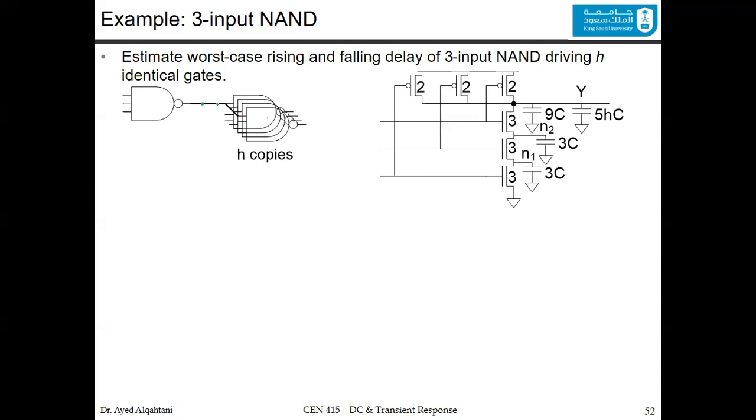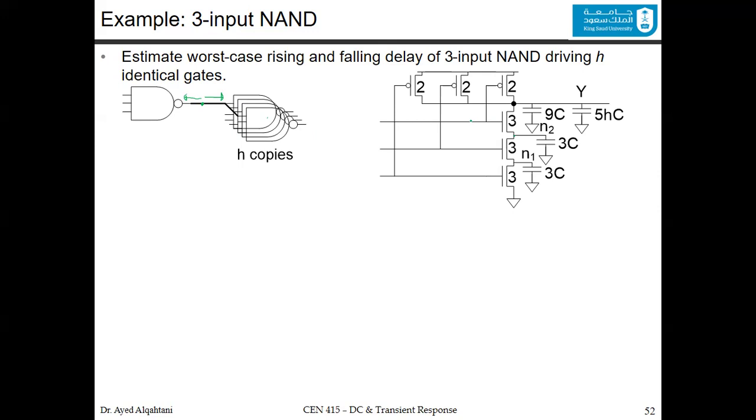And because of this, you would have in this node 9C that you are looking in this direction as the output capacitance, and also a certain amount of capacitance looking at the gate of the other H copies of NAND circuits, which is basically 5C. We calculated the 5 because they are the same circuit.